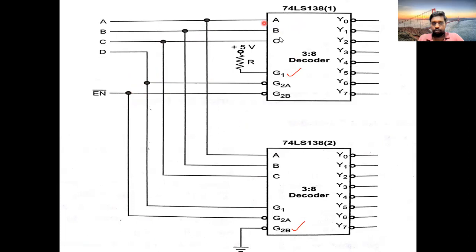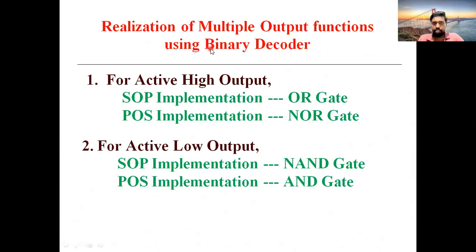Next, we need to know how to represent the Boolean functions or the output functions by using the decoder. So this is one more concept that we are having. Here, you can realize the switching functions. Generally, switching functions can be realized in 2 different methods. One is SOP implementation and one is POS implementation.